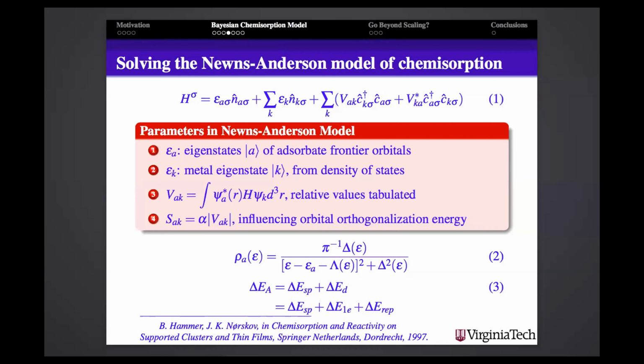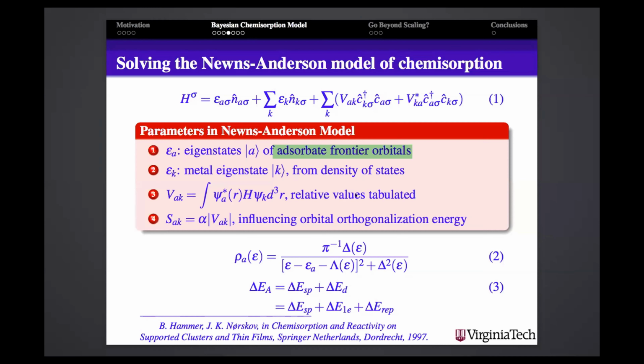So in this simple model, there are a few different parameters I want to briefly touch upon. One is where the adsorbate energy level is. You can imagine you have a few frontier orbitals of the adsorbate, and what's the energy level relative to the work function or Fermi level of your substrate. Another is how strong the coupling is, this V_ak, which really determines the energy change of the interatomic coupling.